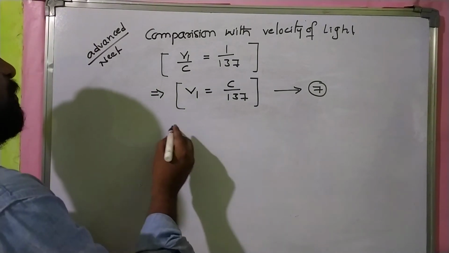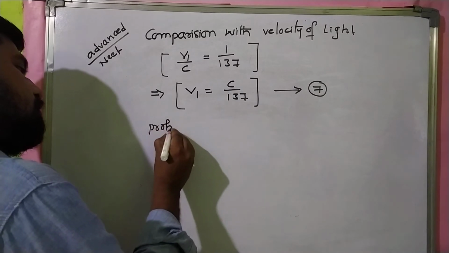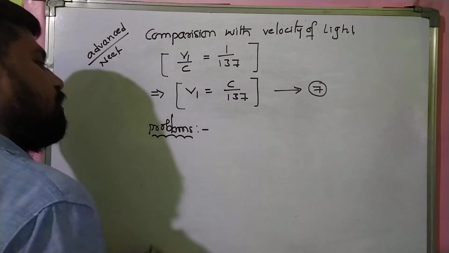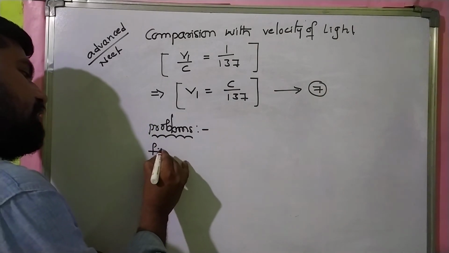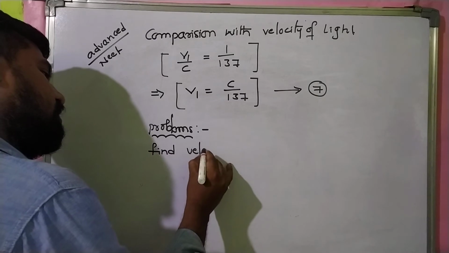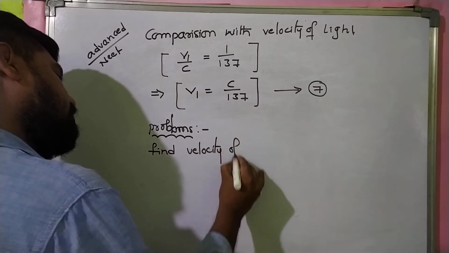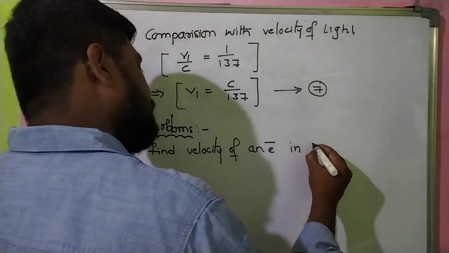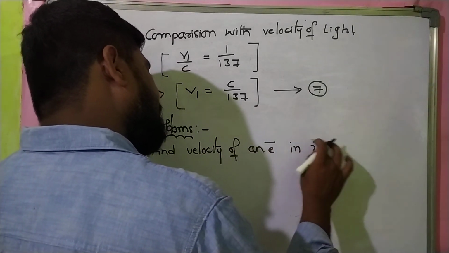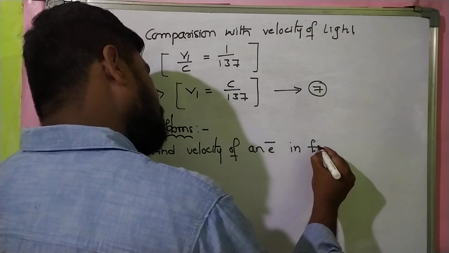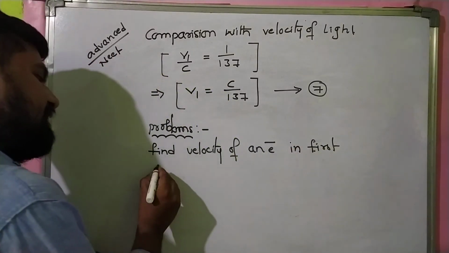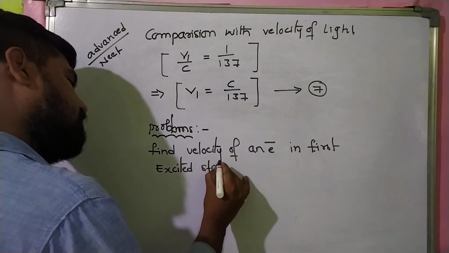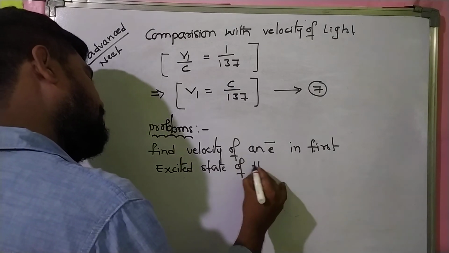Okay, now one problem. Numericals are very, very important. Find the velocity of an electron in the second or first excited state of helium plus ion.